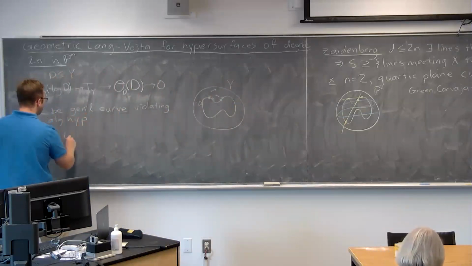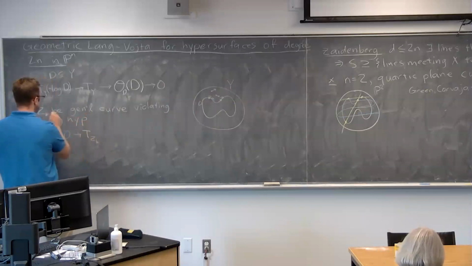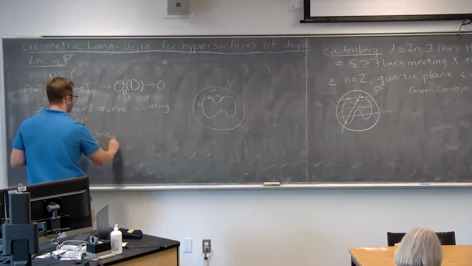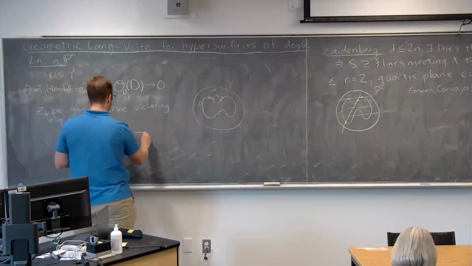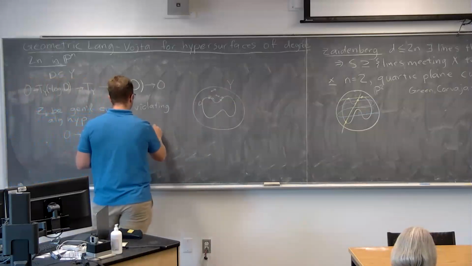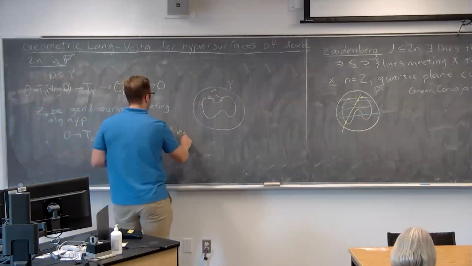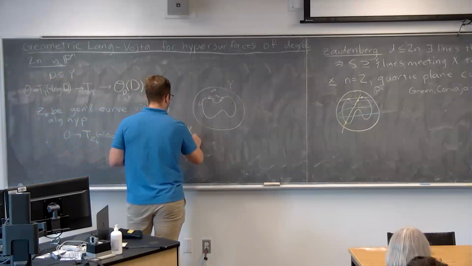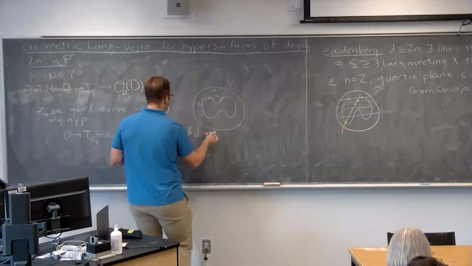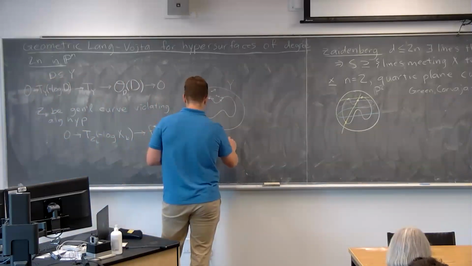Then we have a sequence: 0 goes to the log tangent sheaf of Z, to the pullback of the log tangent sheaf of P2, this is X, and the quotient is something called the log normal sheaf.